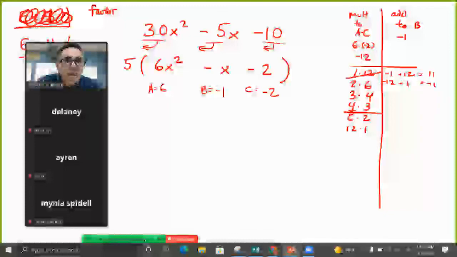Then we move on, and maybe you've seen it already, the only mix here that has a space of 1 between them is 3 and 4. So it's going to be that one. Which one should be negative? Which one would I want to make negative so that when we add them, we get a -1 answer?